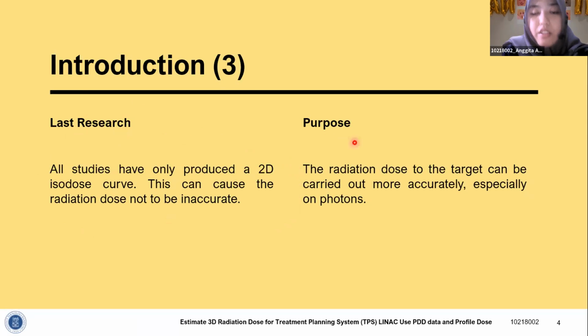In this research, radiation dose estimation shows the distribution of surface radiation dose for all depth variations on one curve, resulting in a 3D radiation dose estimate. So, with this paper, we hope the radiation dose to the target can be delivered more accurately, especially for photons.